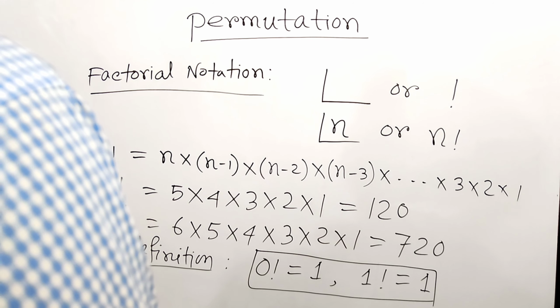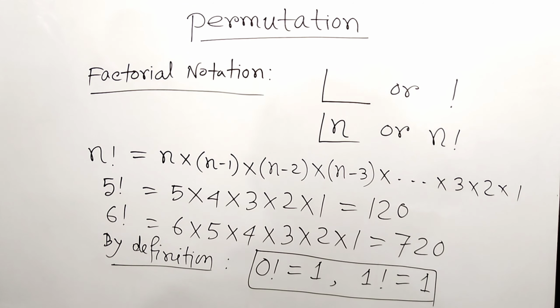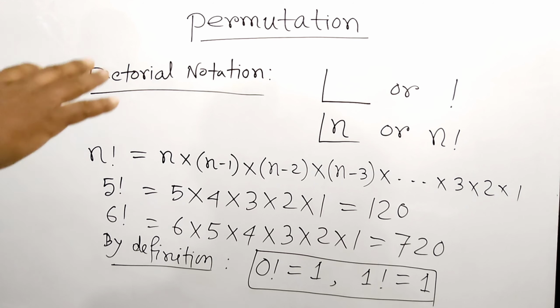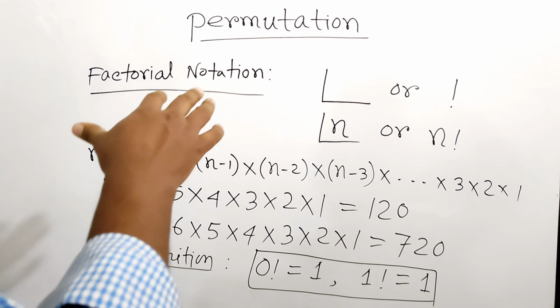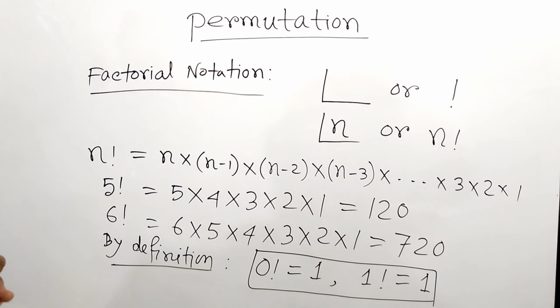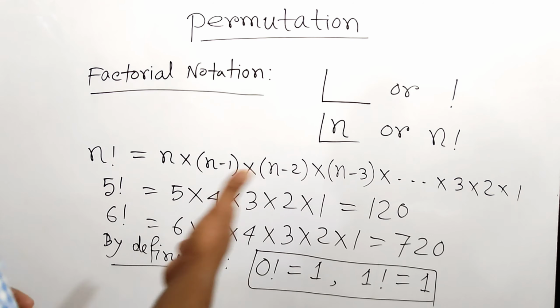Okay, now I'll try to discuss the whole permutation by dividing it into 3 parts. So first, the arrangement. When you do sums from permutation, you first need to know the arrangement. That means how you can arrange letters, how you can arrange numbers, and also how you can arrange some persons like that.